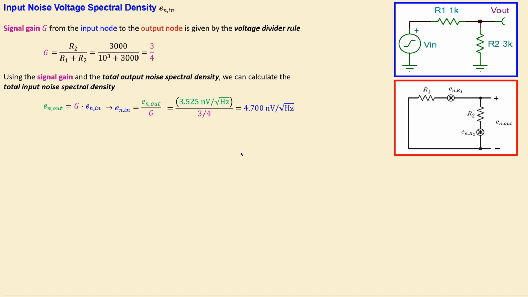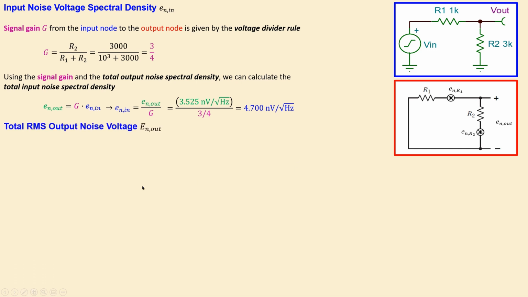So in precise form, I really need to call this a noise gain, but in this case, since there is just a signal gain, I will still call it the signal gain. So this input noise spectral density will be very close to 4.7 nanovolts per root hertz.